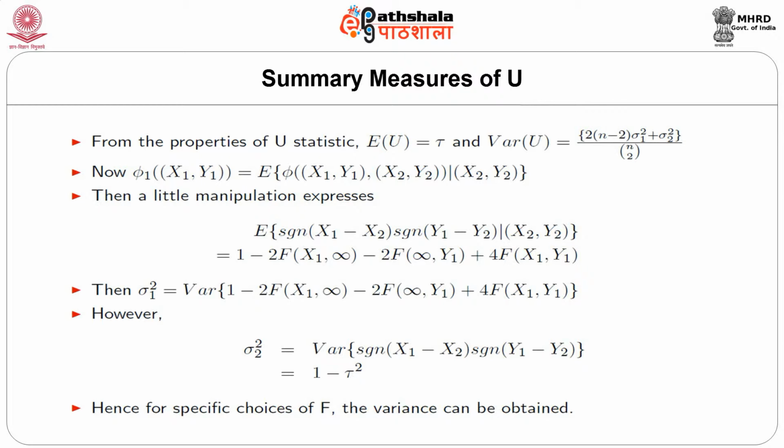Then a little manipulation shows that the conditional expectation of the product of sine functions is nothing but 1 minus twice F(x1, infinity) minus twice F(infinity, y1) plus 4 F(x1, y1). Then sigma 1 square is nothing but the variance of 1 minus twice F(x1, infinity) minus twice F(infinity, y1) plus 4 multiplied by F(x1, y1).